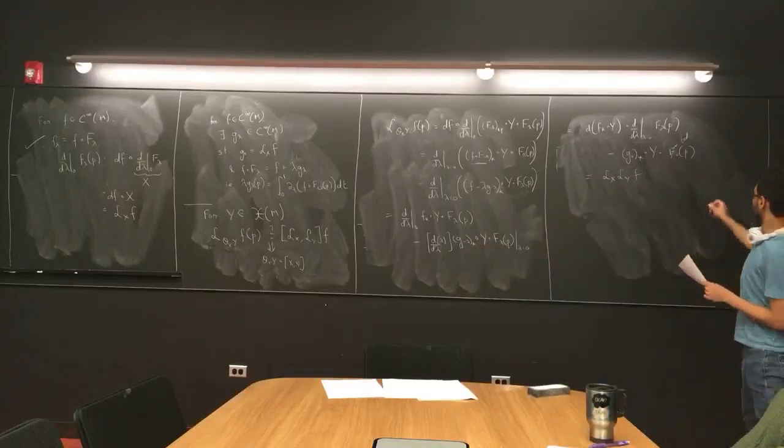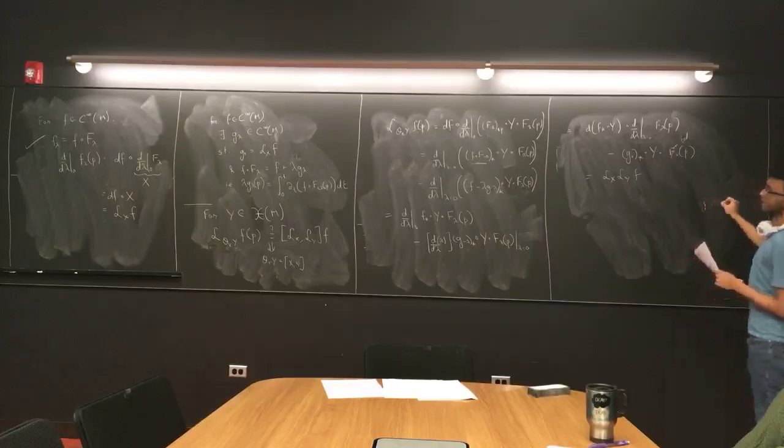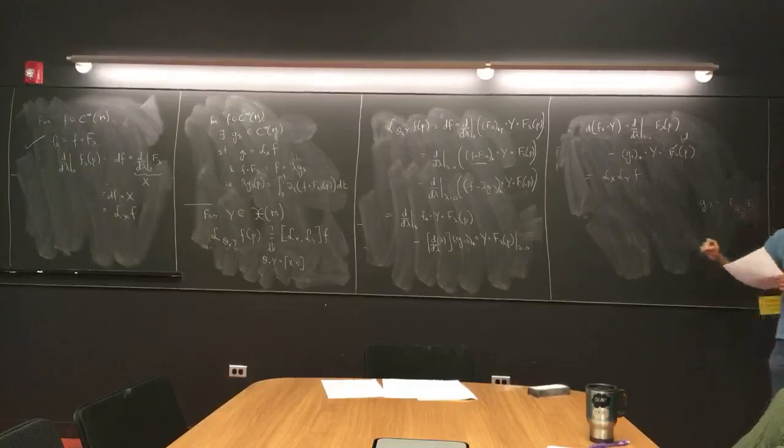So g minus lambda was defined as f minus lambda minus f0, divided by lambda. So taking the limit as lambda goes to 0, g0, and pushing it forward, this is just going to be the Lie derivative with respect to x. Does that make sense?